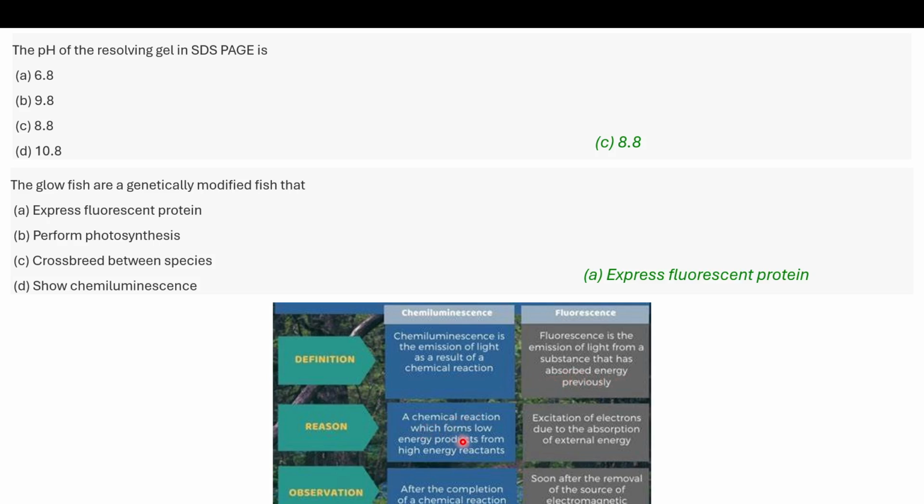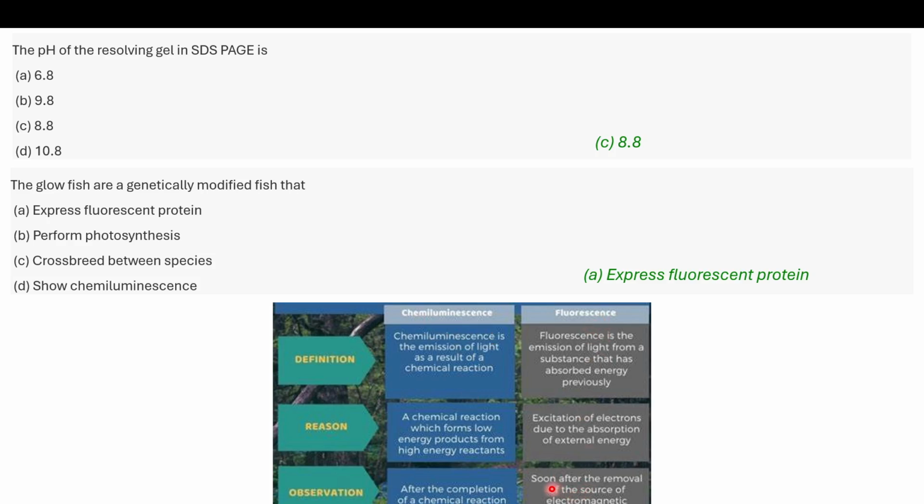A chemical reaction forms low energy products from high energy reactants, because that is how a chemical reaction in general proceeds. Whereas in fluorescence, electrons are excited upon absorption of light or energy of a particular wavelength. After the completion of a reaction, you get to observe the signal in chemiluminescence.